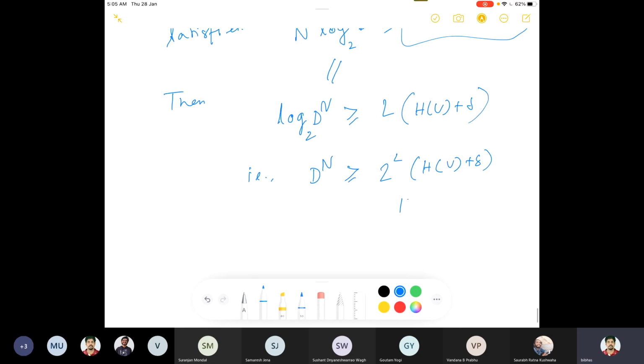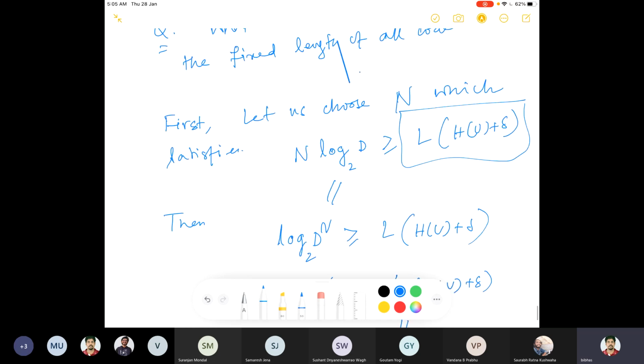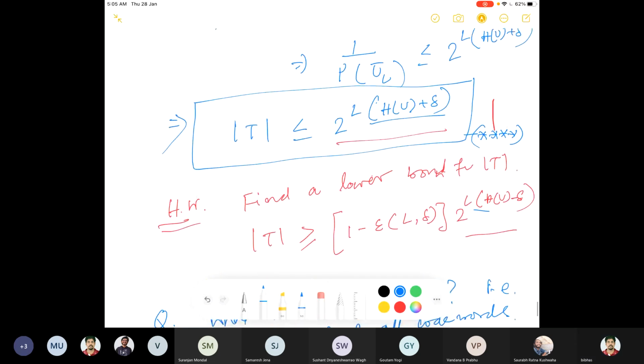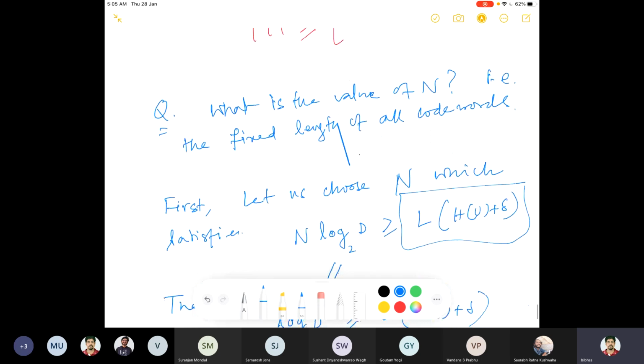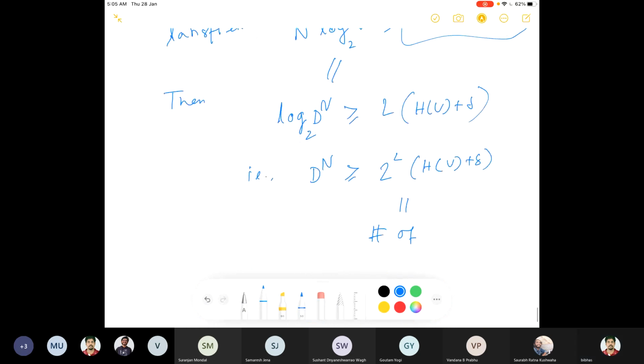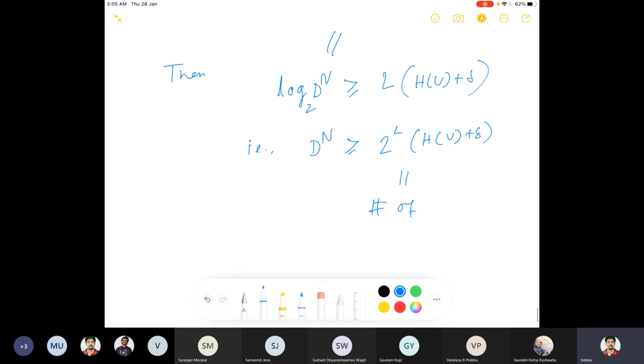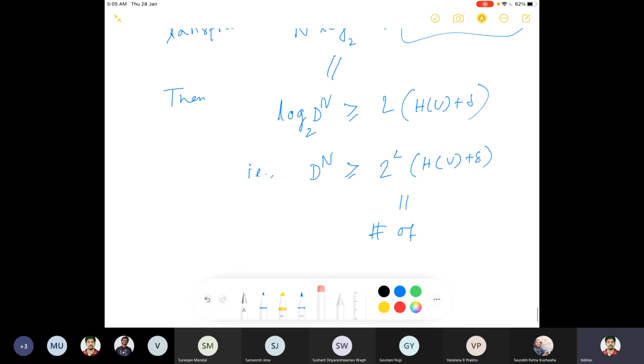But this is exactly the number that bounds the typical set above. So the number of typical sequences is less equal to this, right?